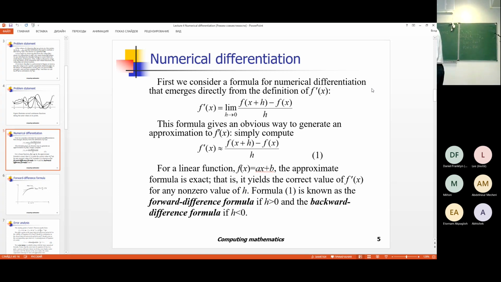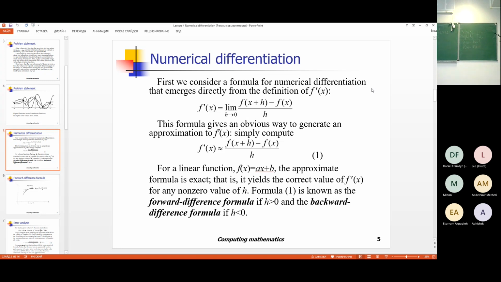Use your calculator to find the approximation to the real value of the derivative. What is the answer?